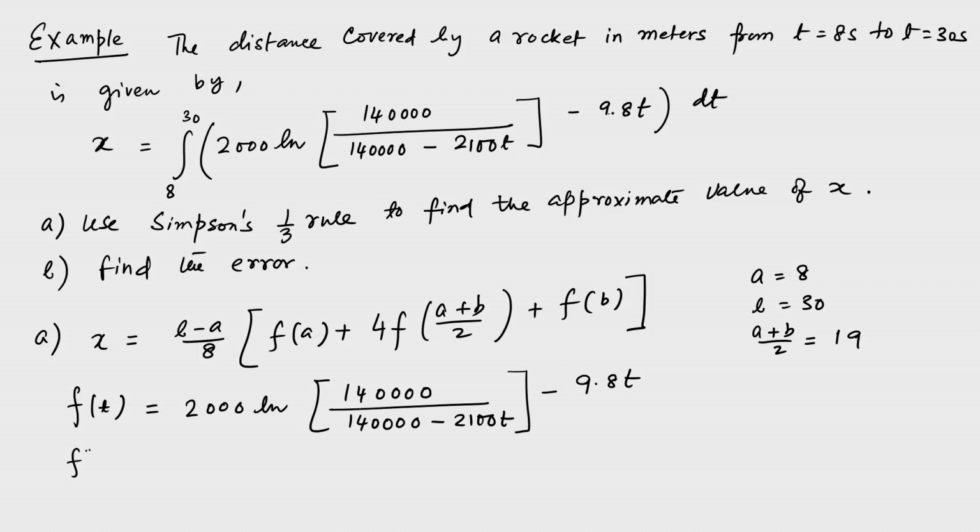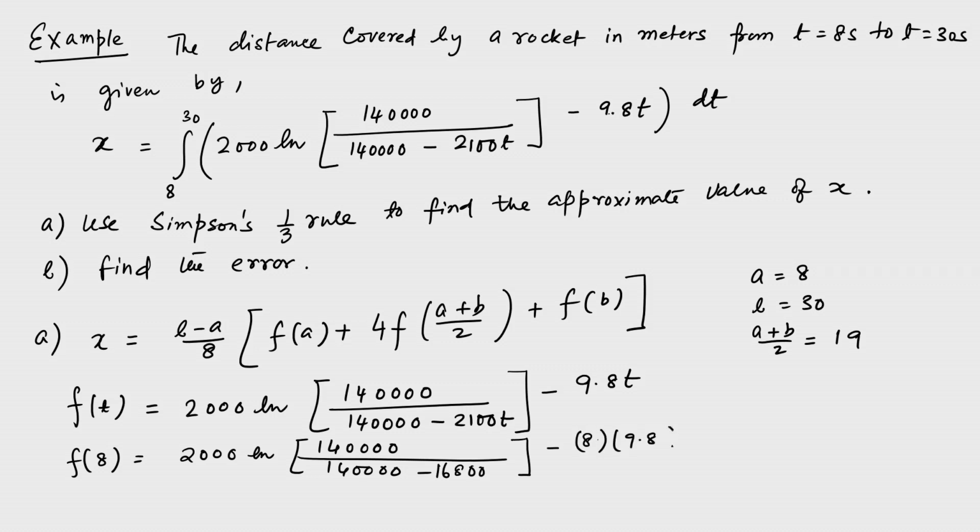So, let us calculate all those things. f at 8 is 2000 log of 140,000 divided by (140,000 minus 8 into 2100), minus 9.8 into 8.